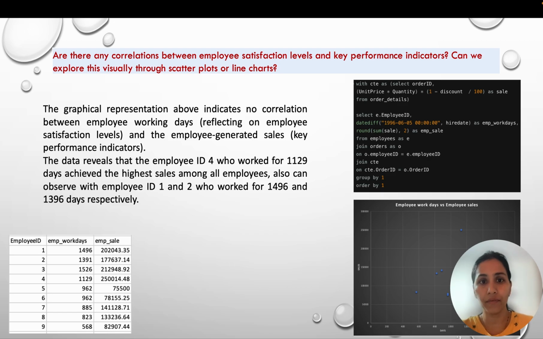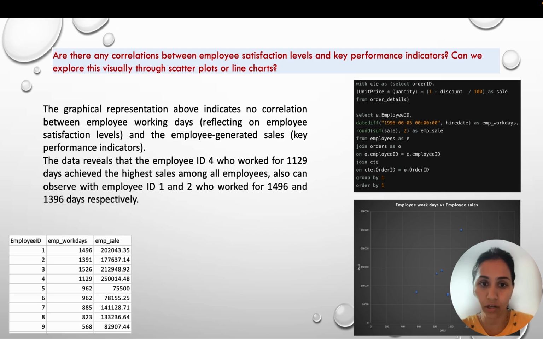And then as the last column we will be taking employee sale. So the data set we will be getting is employee ID, employee working days, and employee sale. So now finding the correlation between the employee working days and employee sale.